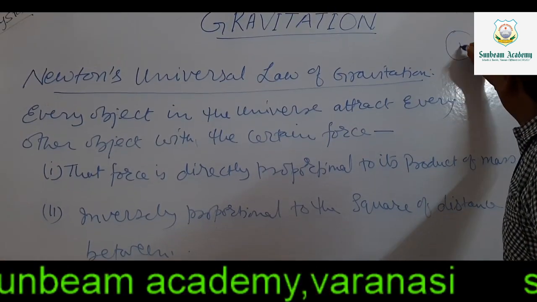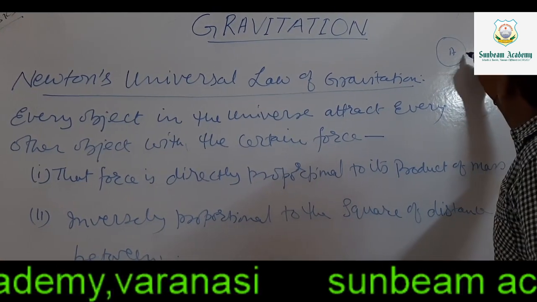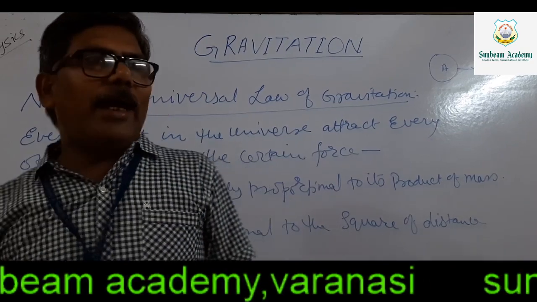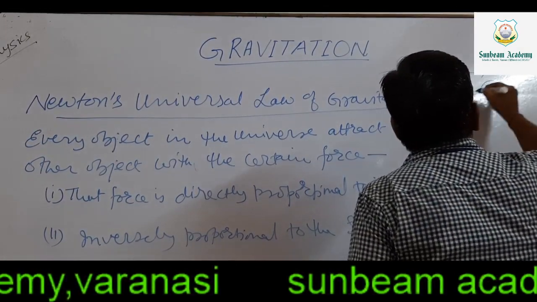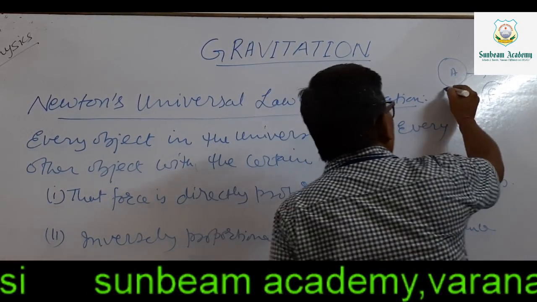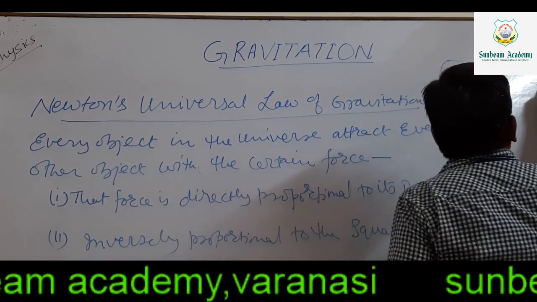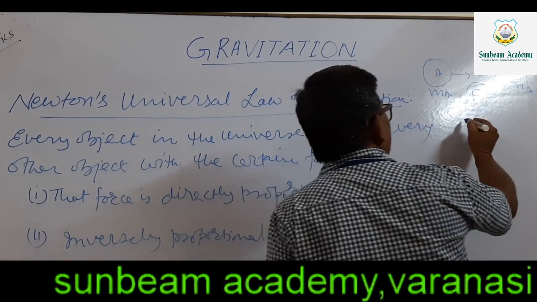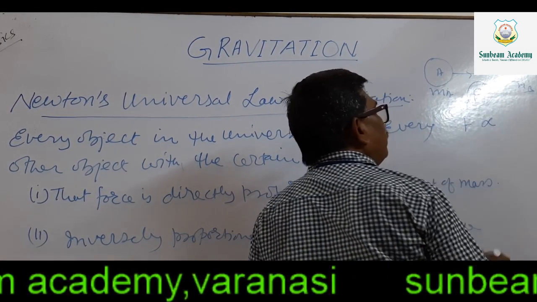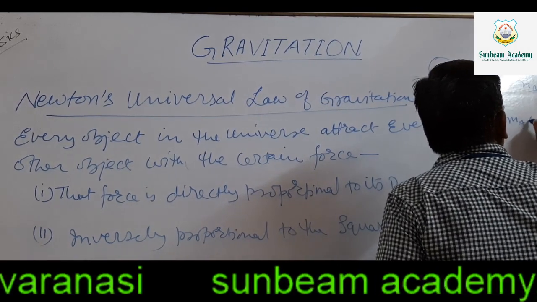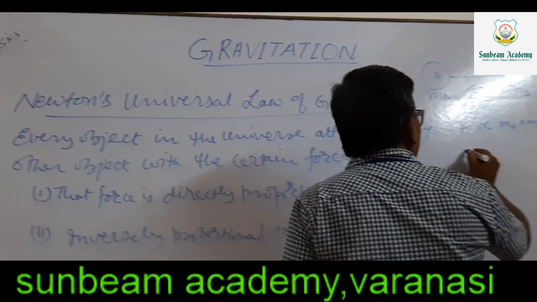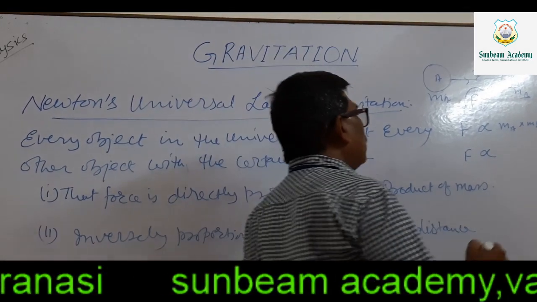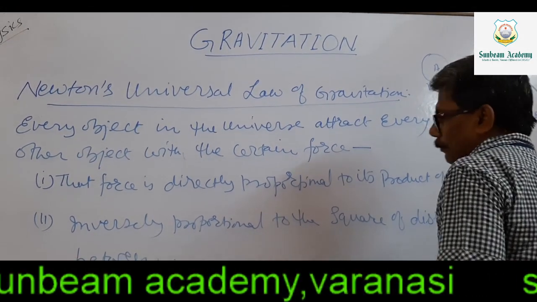Suppose this is an object A, this is an object B. There will be a force of attraction between these two objects, and that force of attraction will be directly proportional, suppose the mass is MA, here mass is MB, and the distance between them is R. Then you can say that the force of attraction between them is the product of their masses MA into MB, and the force of attraction is inversely proportional to the square of distance between them.